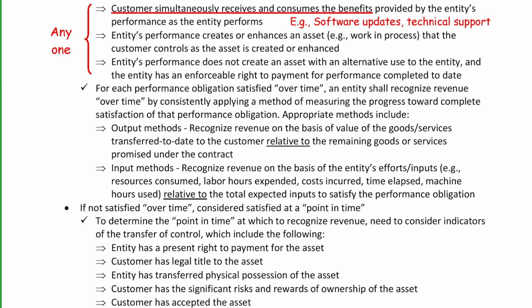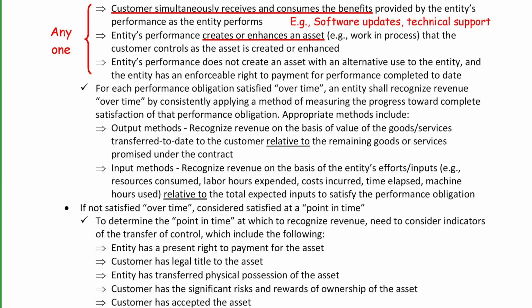The second criteria is that the entity's performance, underline, creates or enhances an asset. For example, a work in process that the customer controls as the asset is created or enhanced.